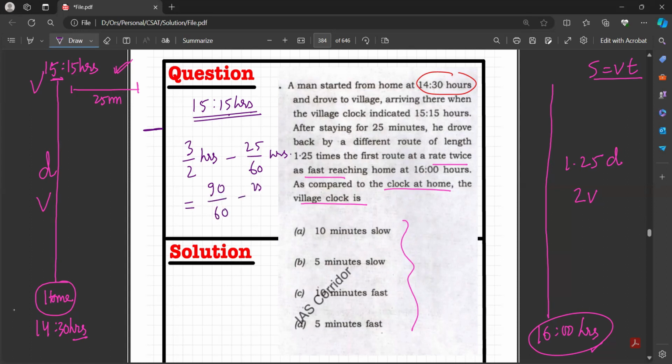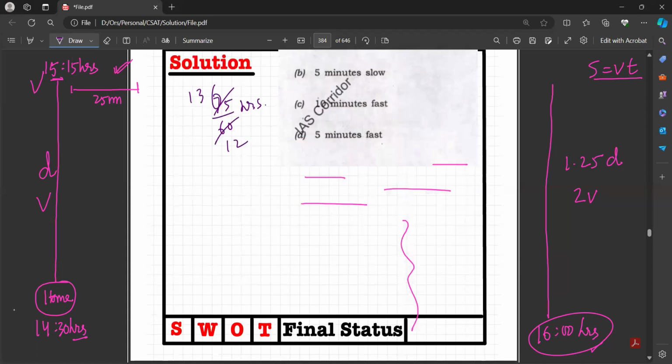So total traveling time will be what? 90/60 minus 25/60, which will be equals to 65/60 hours. Are you getting it? So 65/60, that means 13/12 hours is the total travel time. Clear? और वो fixed है क्योंकि that doesn't vary with respect to the village time.